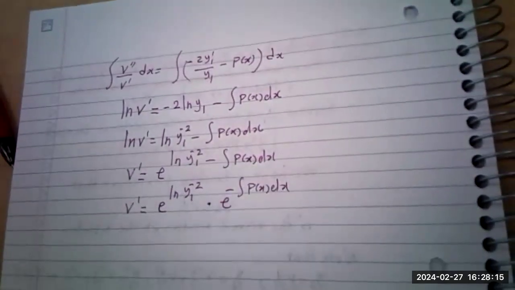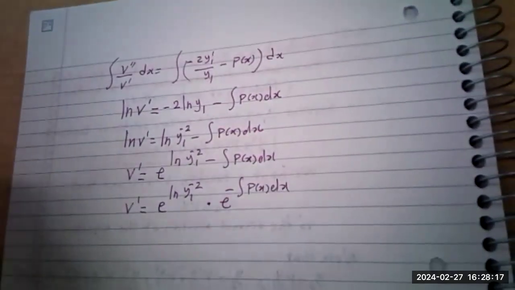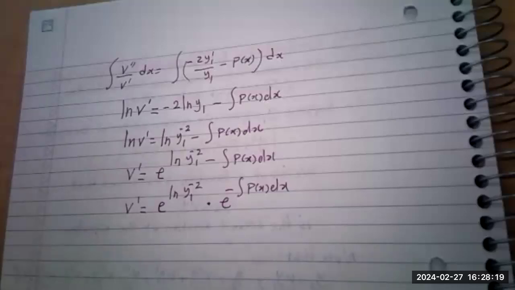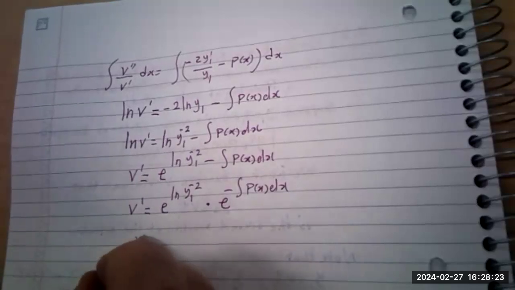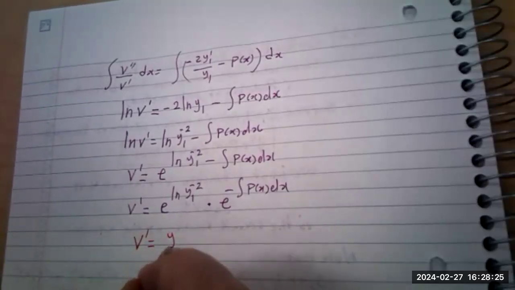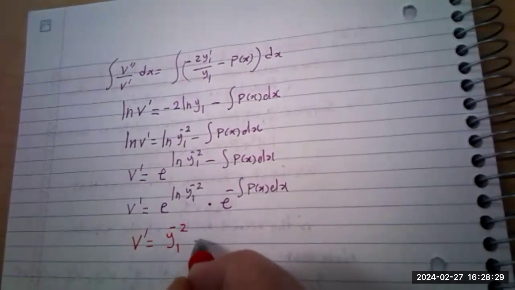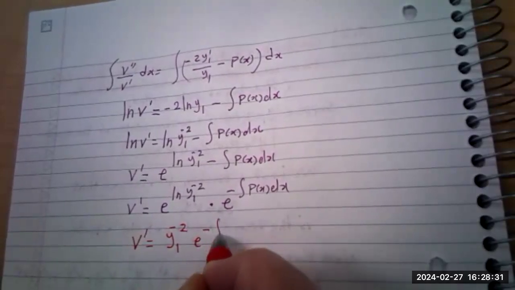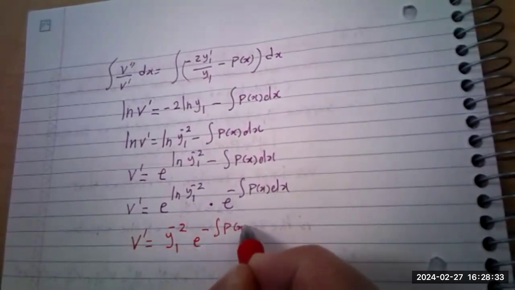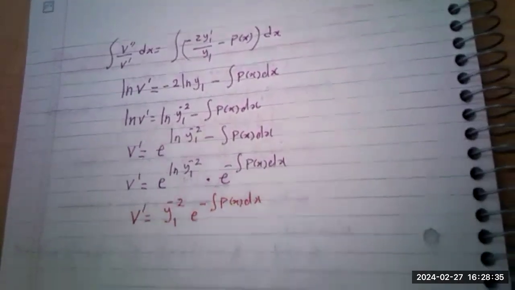Okay, what's the first one? E to the ln of y1 to the -2 would be y1 to the -2. So it's going to be v prime equal to y1 to the -2 times e to the integral of negative px dx.